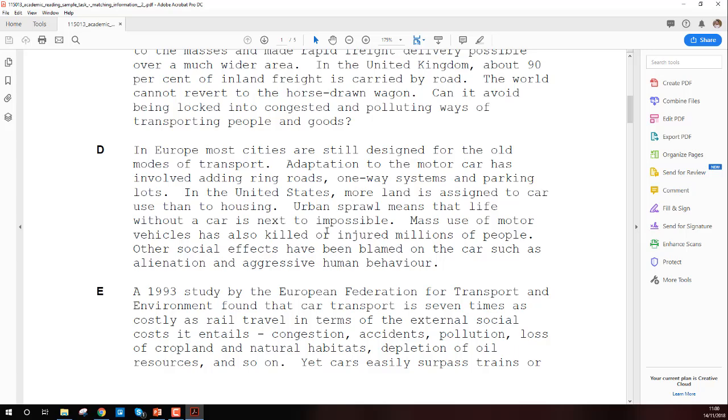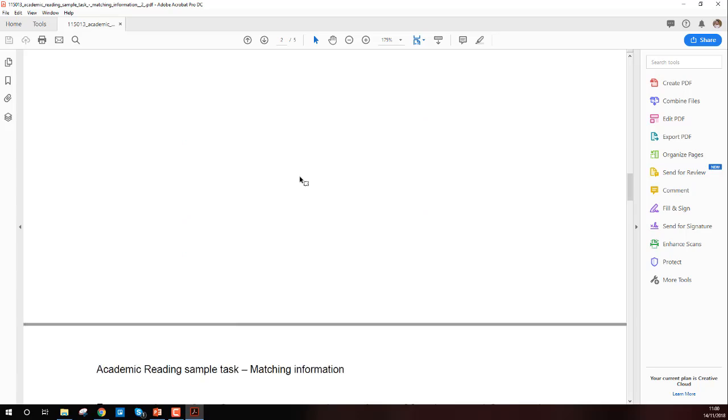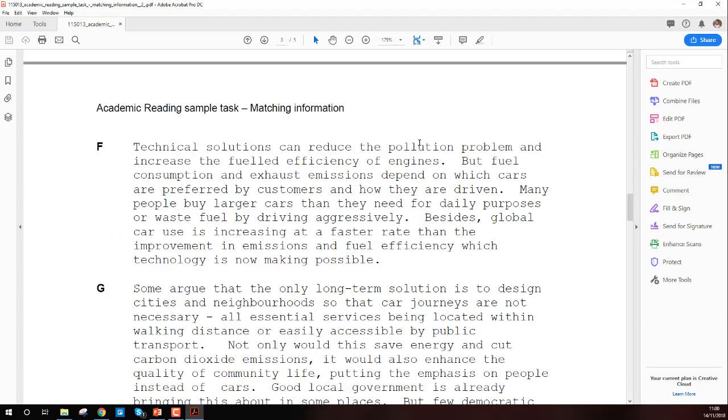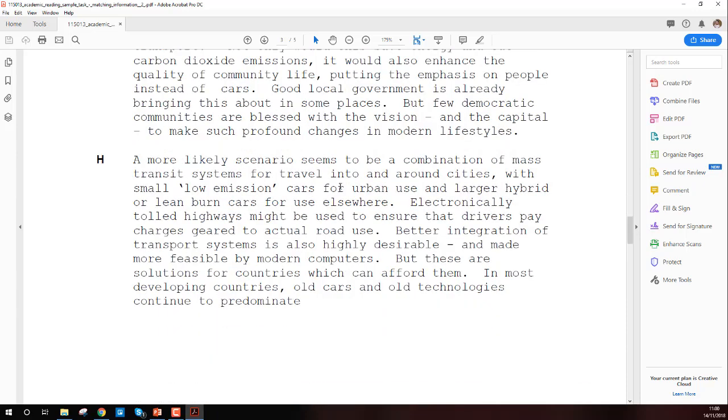Changes to cities. Comparison of cars and public transport. Solutions to that problem. Long-term solutions or future solutions. And talking about the future here as well.